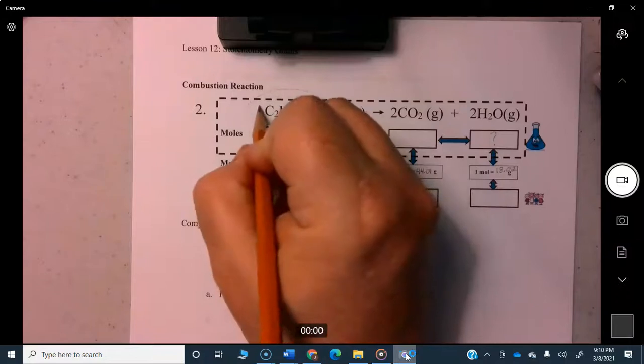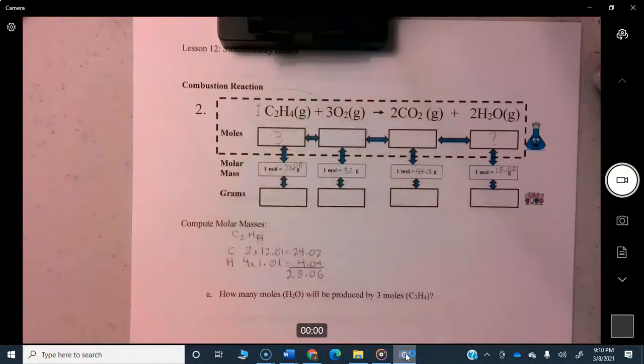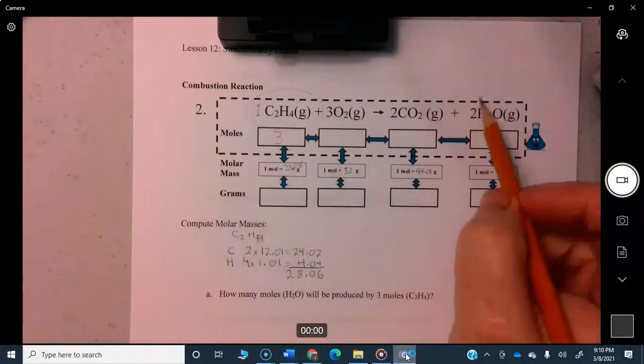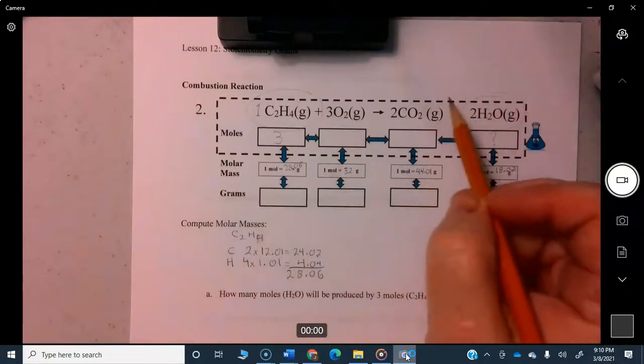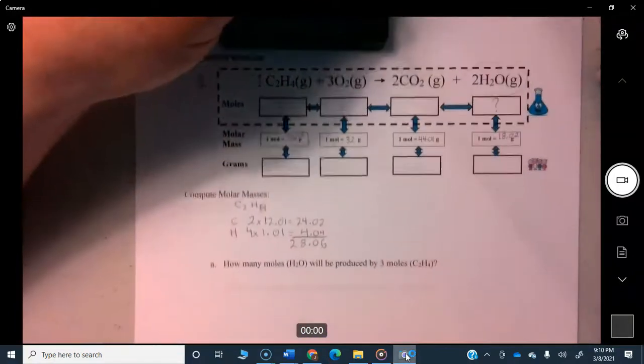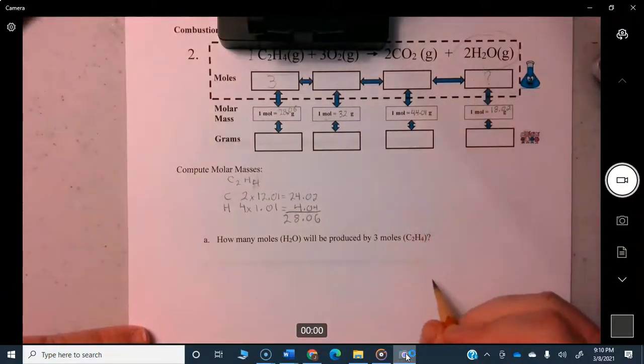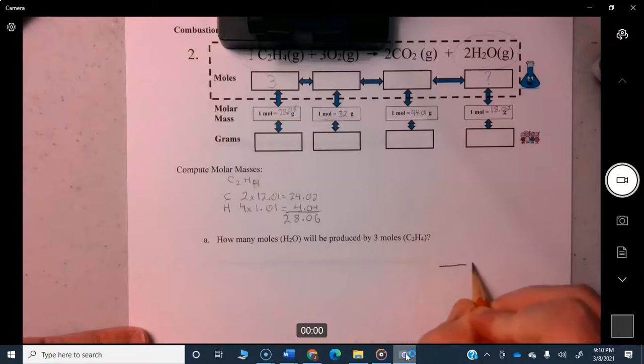And now I didn't put a coefficient there, but why don't you put a 1 there just to emphasize that that's 1 mole of C2H4, and we're interested in this, H2O. We don't care about these for this particular reaction. All right, so let's go ahead, and what we're trying to find is over here on the right, so it is some number of moles of H2O.